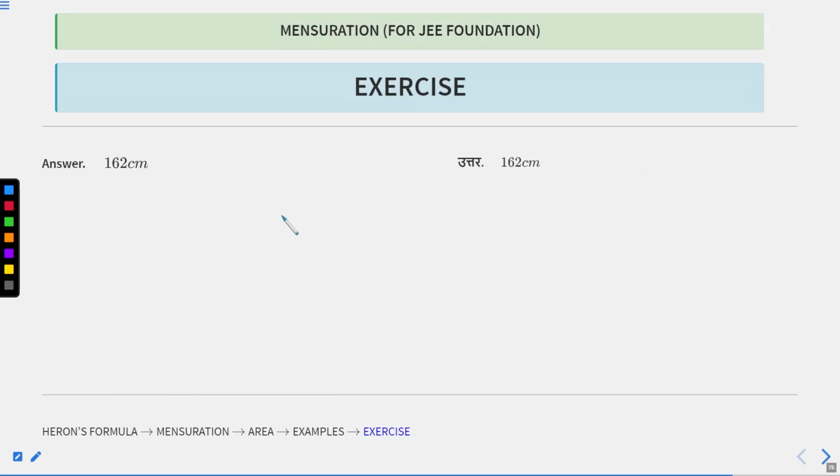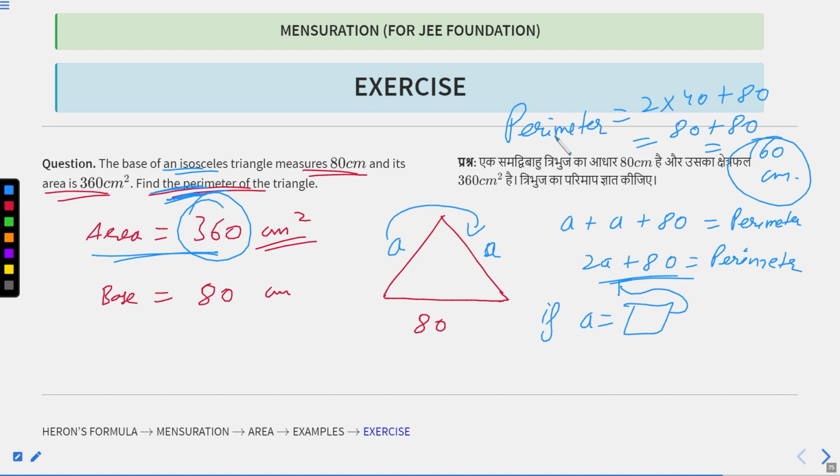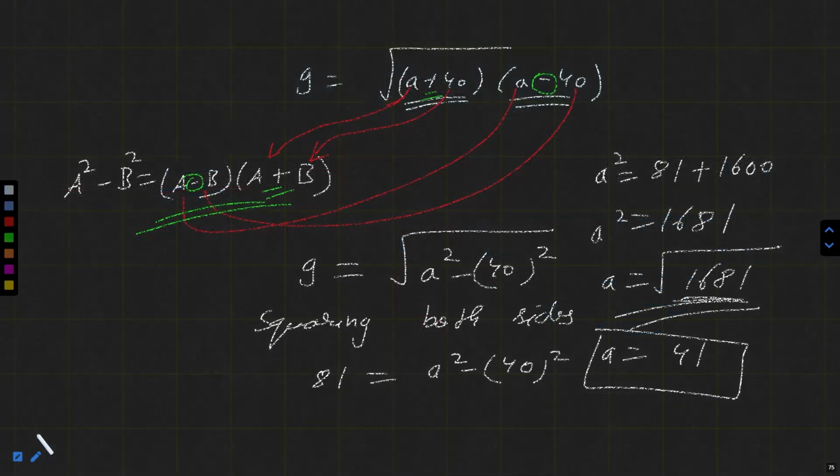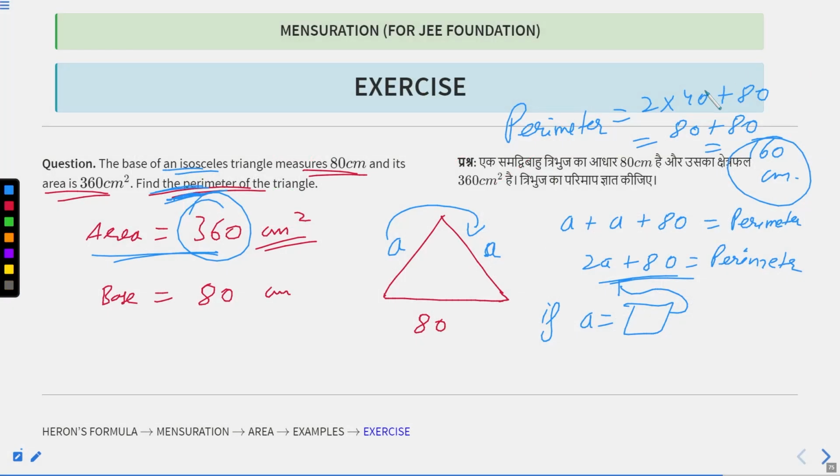Okay, I think I have made a calculation mistake again. Let me check the calculation. My A is 41. Sorry, A was 41, not 40. So A is equal to 41. That means 82, that means 162.